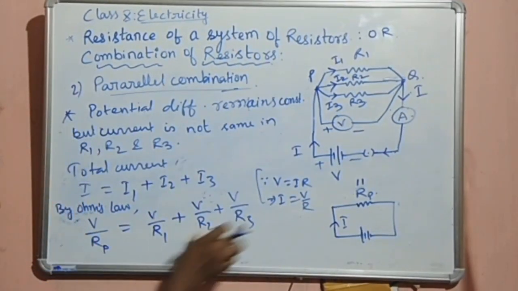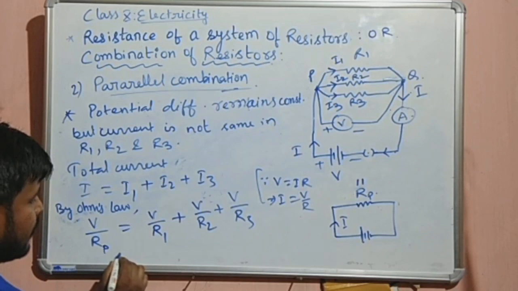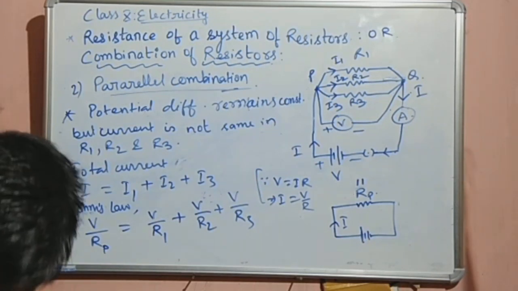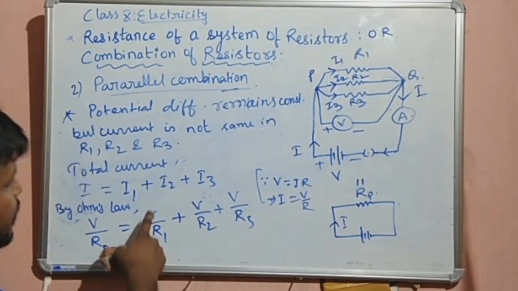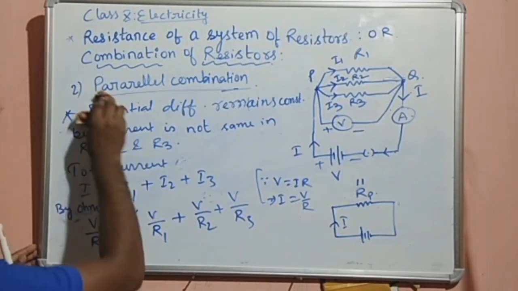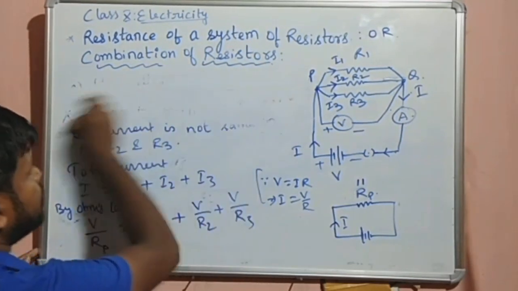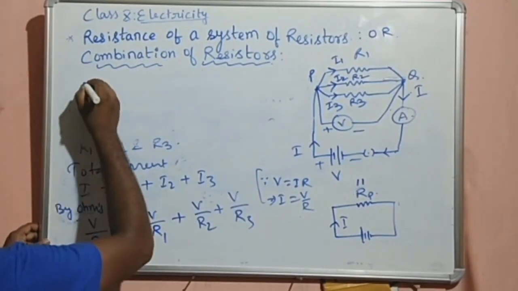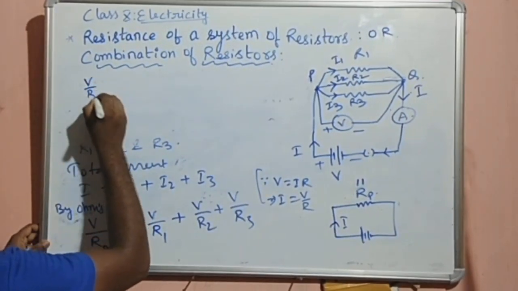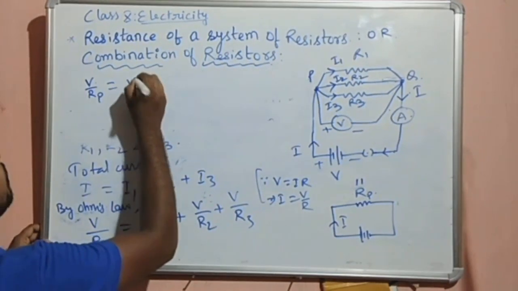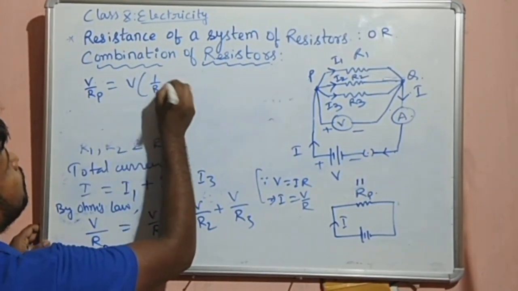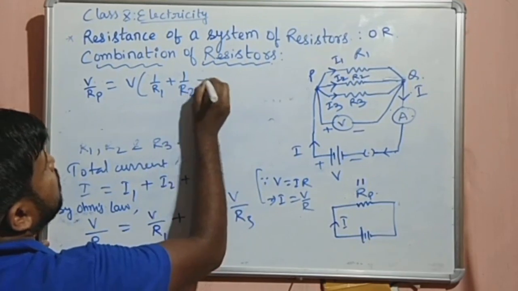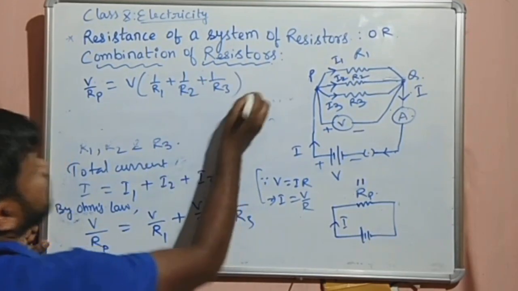From this we take V common. What will get cancelled out? V will get cancelled out. So V by Rp is equal to V times 1 by R1 plus 1 by R2 plus 1 by R3.